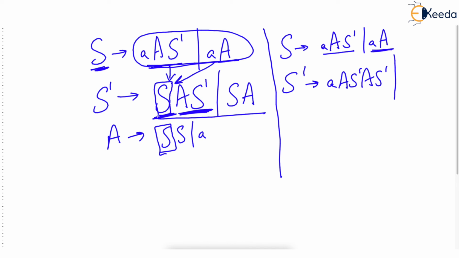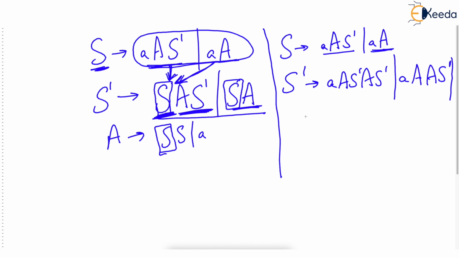So this S is also replaced with AA, correct, followed by A S dash. Please try to understand, this S has been replaced with both using the OR operator, and we have got another term here. So again this S will be replaced with both options.